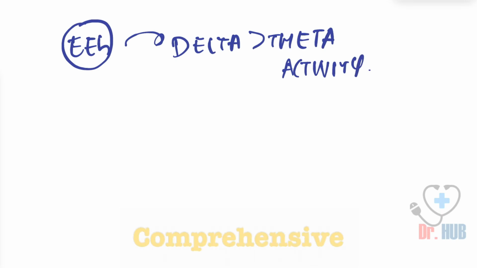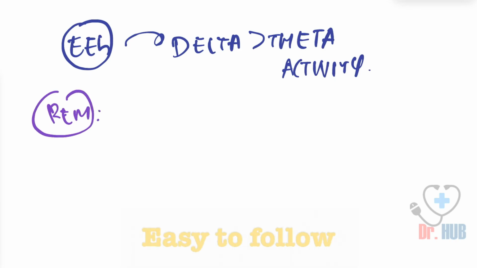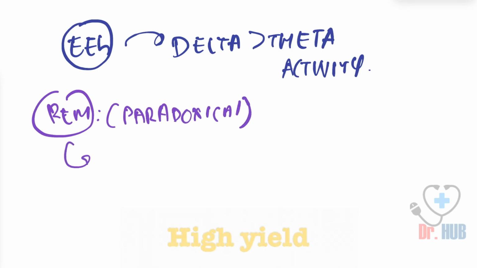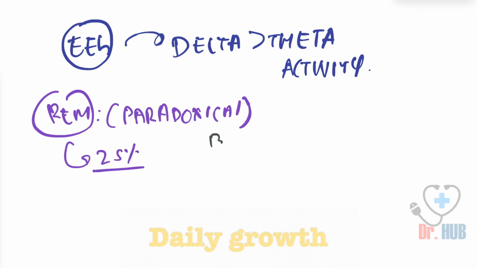Next we move on to REM. So what is REM? REM is nothing but paradoxical sleep, which amounts to about 25%. And how is the behavior in this case?